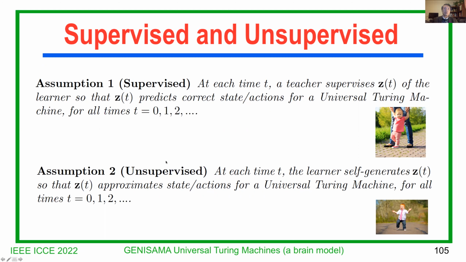Another assumption, unsupervised: at each time t, the learner self-generates Z_t so that Z_t approximates state and actions for a universal Turing machine for all times.